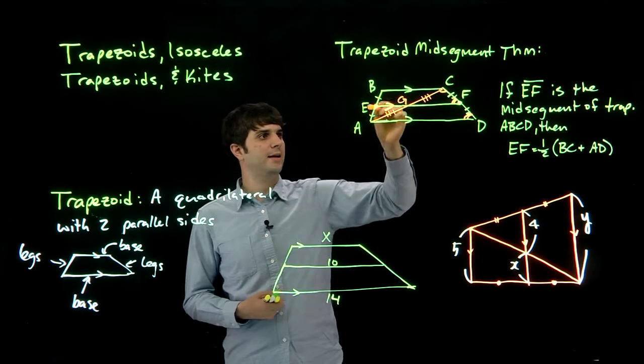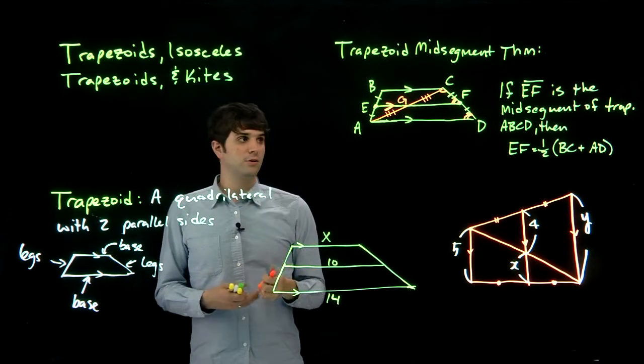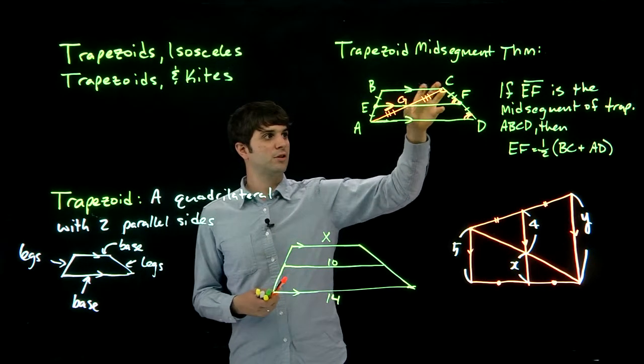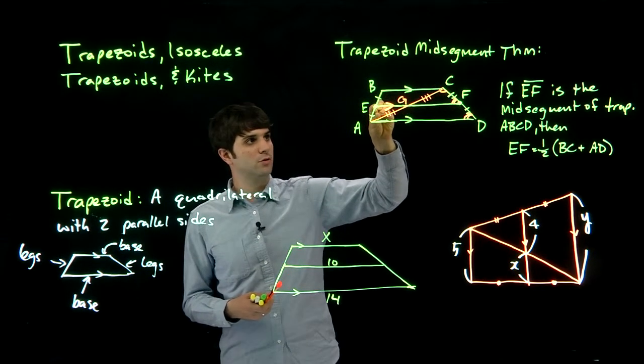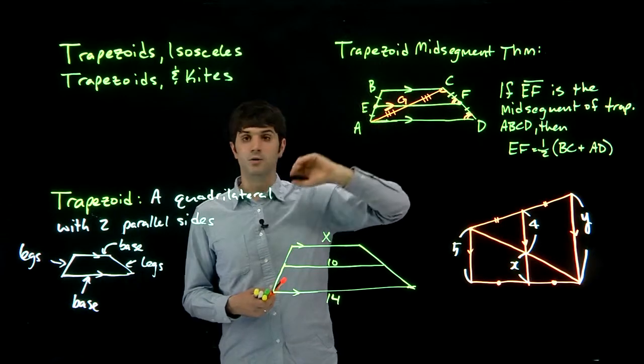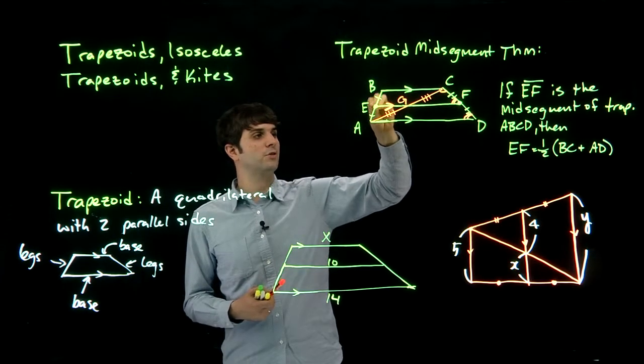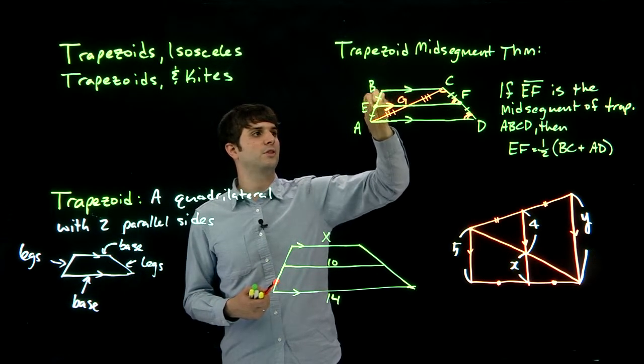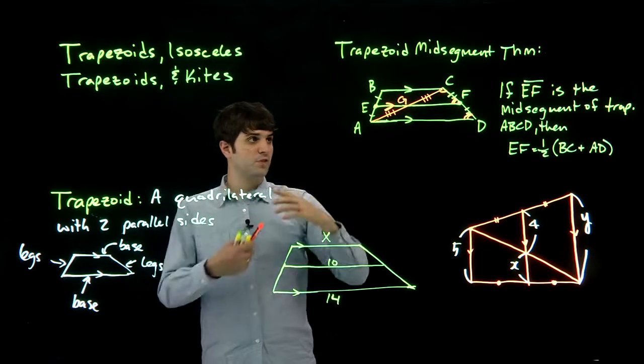So you have this little triangle, this is not congruent, they're proportional, similar to this bigger triangle. Okay, so we have that.